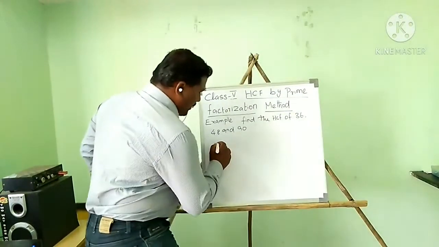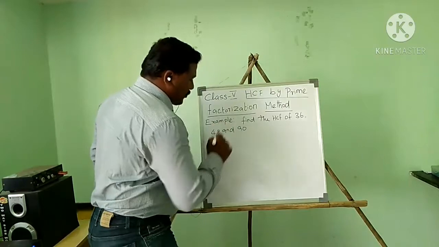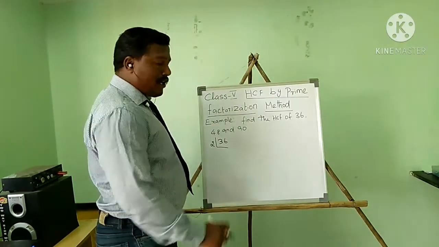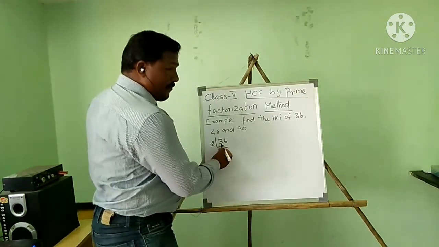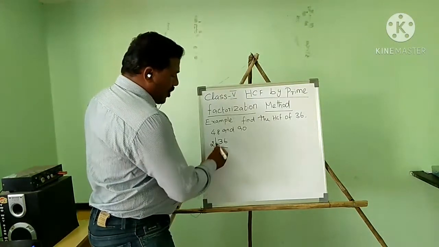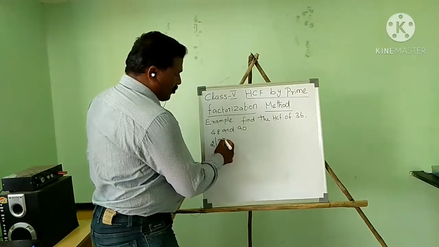So 36 divided by 2. How many 2s are there? I will take the first digit first, because this is bigger than this. So 1 two is 2. Remainder 1.